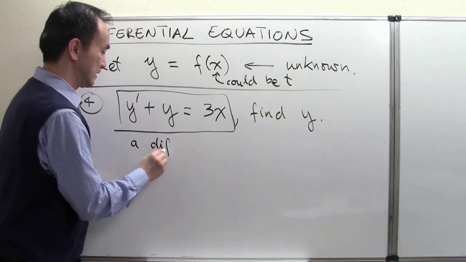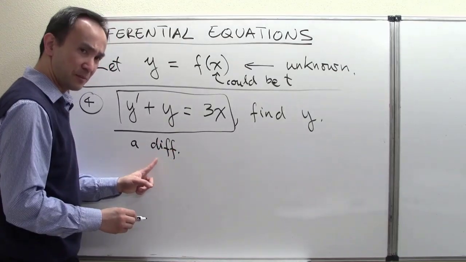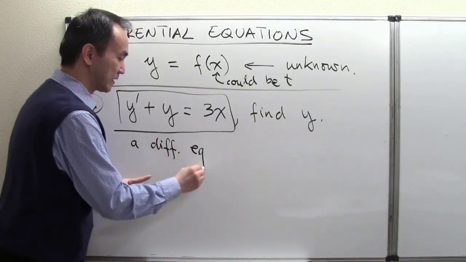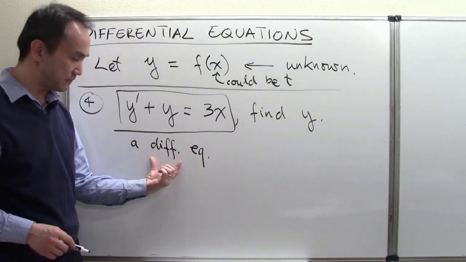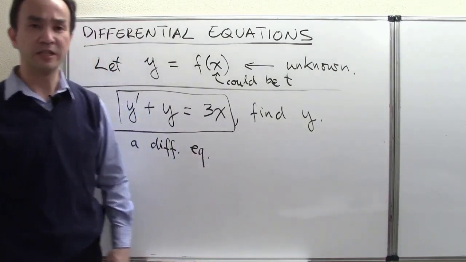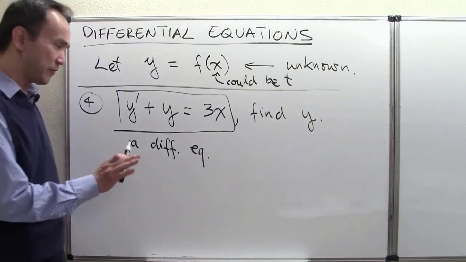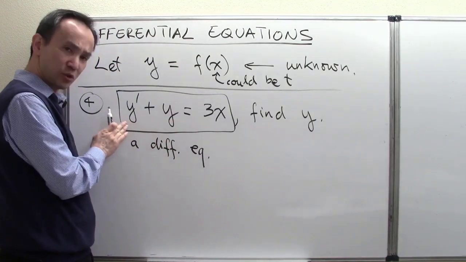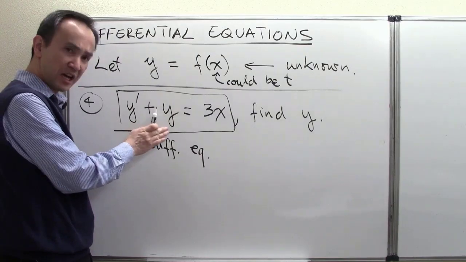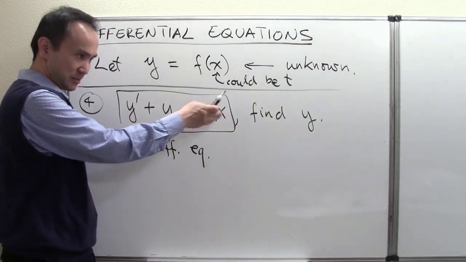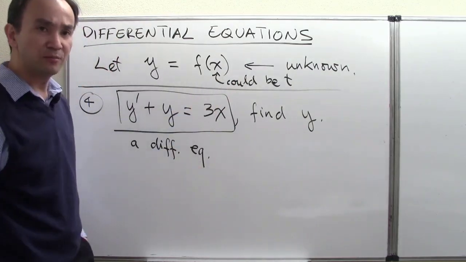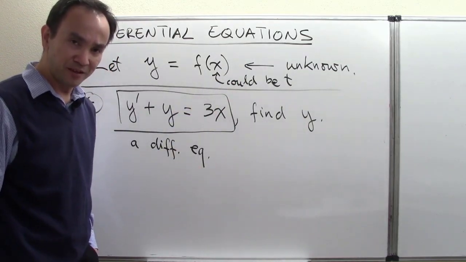A lot of times, for short, people call it a diff EQ. It's an equation where at least one derivative is involved, and the unknown function may also be involved, as in this case. There may be some input variable involved as well.